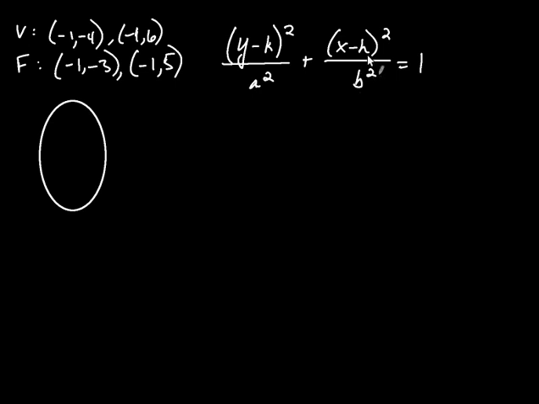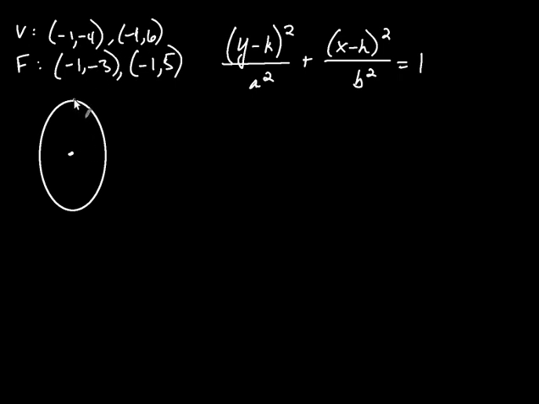Okay, so now remember what we said about midpoints. The center, of course, is halfway. It's not on the ellipse, but it's halfway between the vertices, and it's also halfway between the foci, which reside within the ellipse. So we can find the center by taking the midpoint of these 2 points, right?